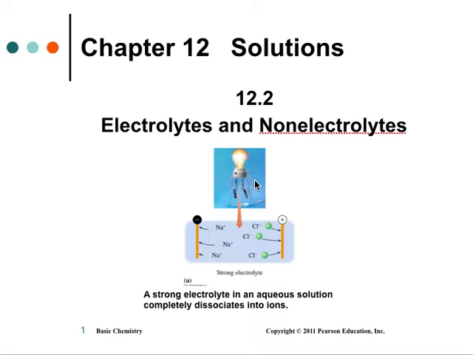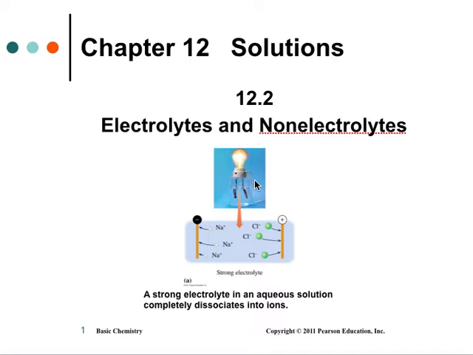Okay, so we're going to see that some substances will break apart into ions, and some completely break apart. So if you were to take a teaspoon of, say, table salt in water, it will completely dissolve. If you have a lot of water and a little bit of salt, every single one of those eventually, given a little bit of time, will completely break apart and dissolve.